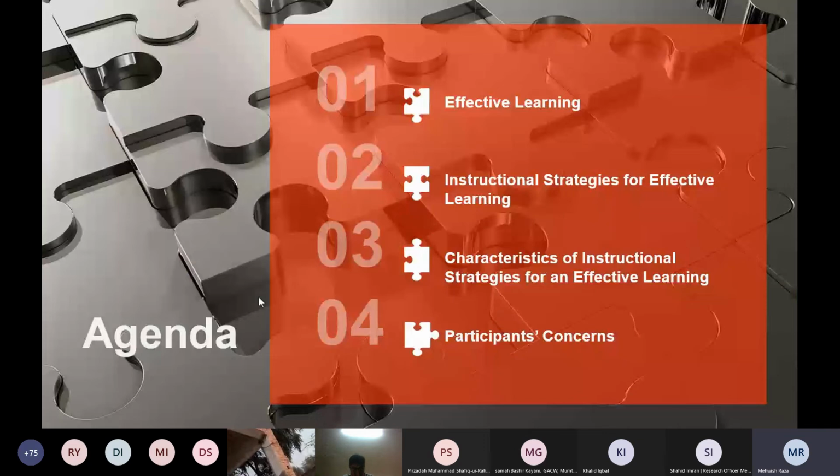However, today's presentation and this conversation that I would have with you all in the next 90 minutes will include concepts of effective learning. We will try to figure out what effective learning means, as this is a highly contextualized term, so its meaning is subjective in different situations.